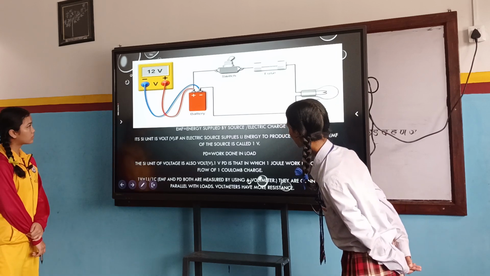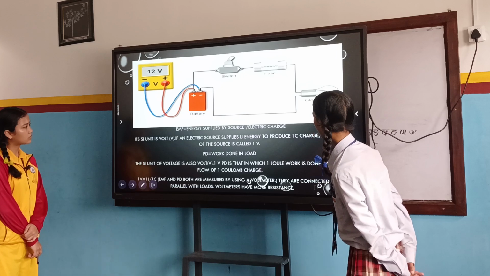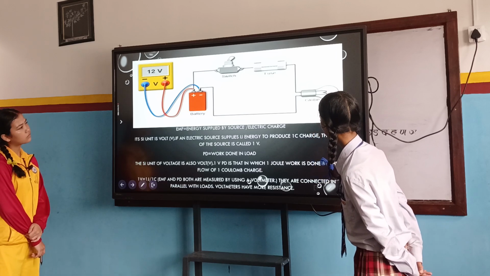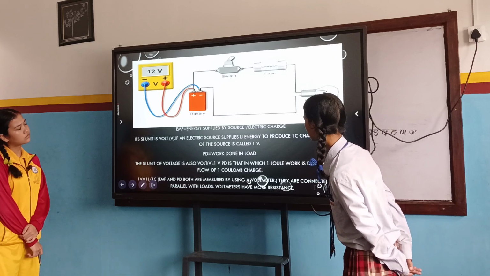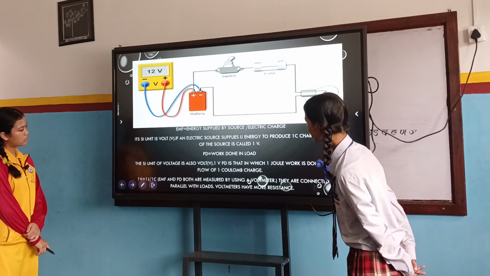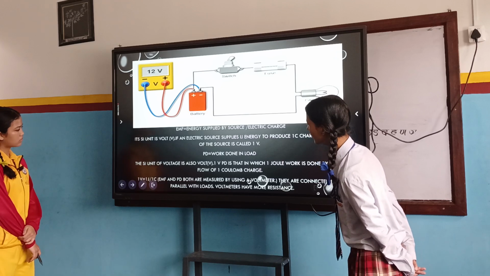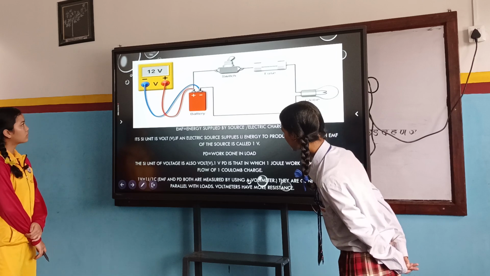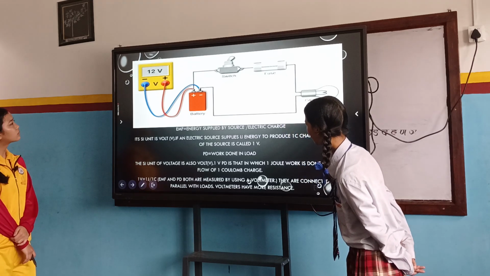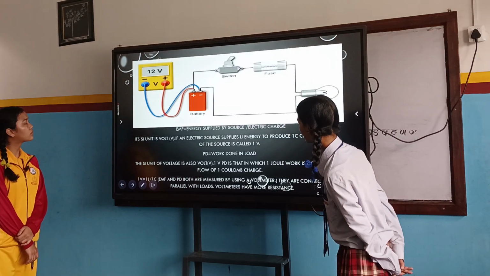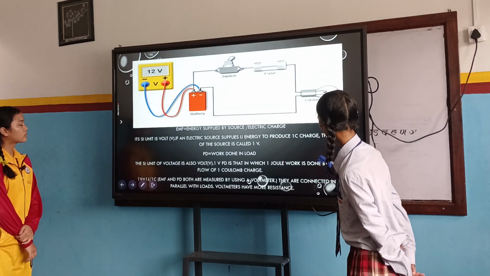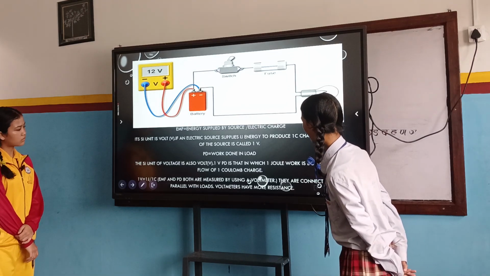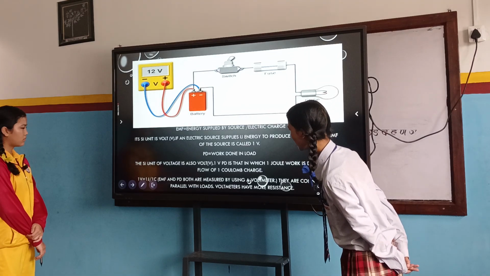An electric source supplying 1 joule energy to produce 1 C charge, the EMF of the source is called 1 V. PD stands for work done in load. The SI unit of PD is voltage, also written as V. 1 V PD is that in which 1 joule work is done by the flow of 1 coulomb charge.